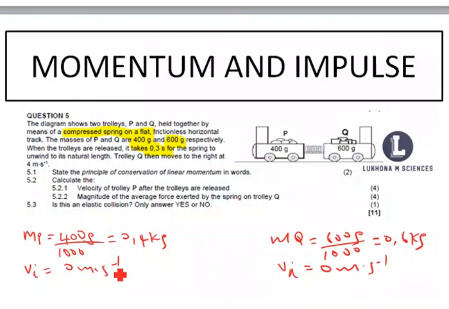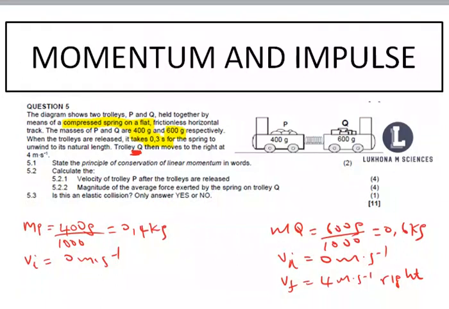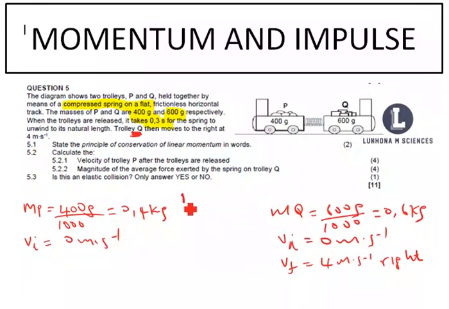Then we also have the velocity of Q, that is the final velocity of Q, which is 4 meters per second to the right, which means we take right as positive, therefore left will be negative. Take right as positive.